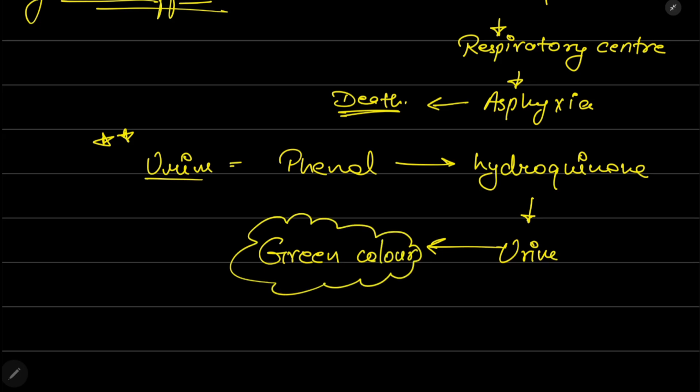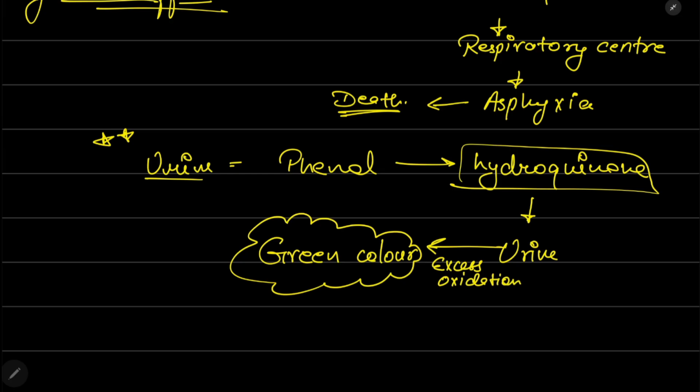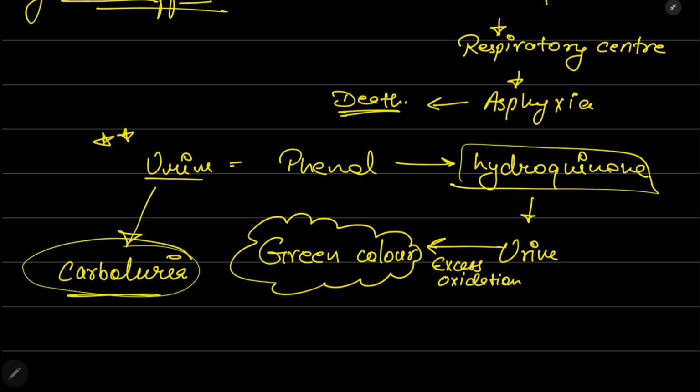The green colored urine is because of excess oxidation of the hydroquinone, and this is known as carbonuria. Carbonuria is green colored urine due to the presence and oxidation of hydroquinone.